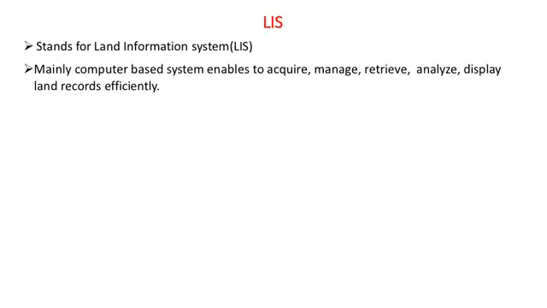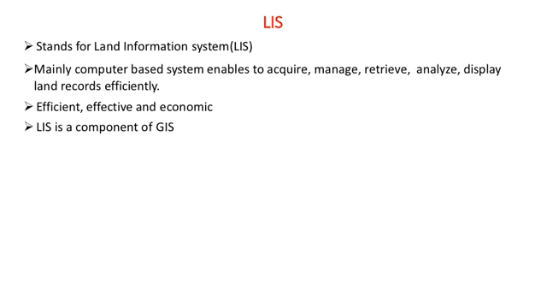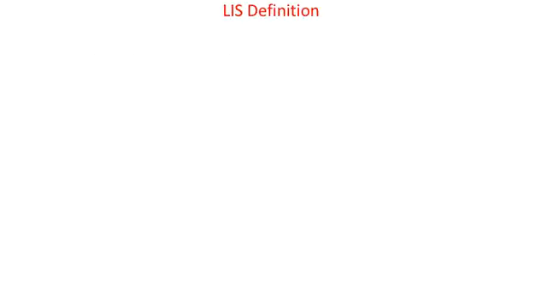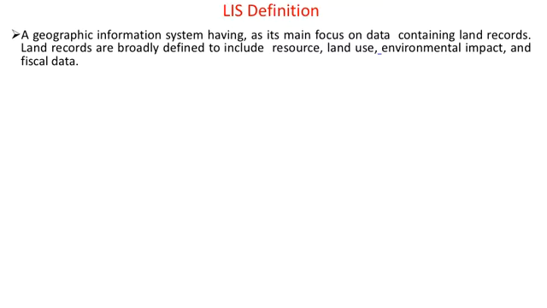It deals in a digital platform in an effective and efficient way, as I would say, 3E: economic, effective, and efficient. And I would like to repeat again, it's a component or subset of GIS. What is the definition given?